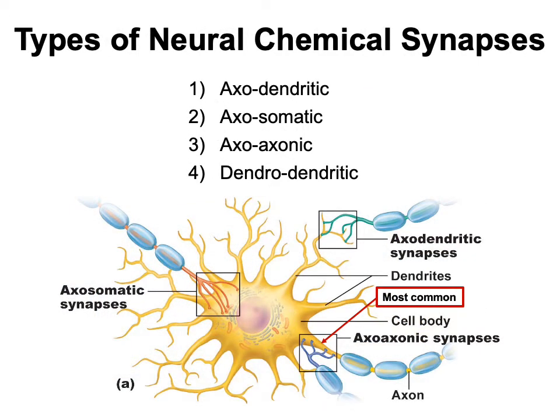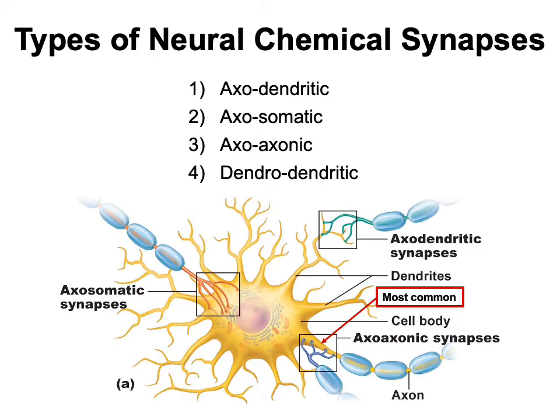There are different types of neurochemical synapses in the nervous system. You have axodendritic, which is the axon of the sending neuron and the dendrite of the receiving one. You have axosomatic, which is the axon of the sending neuron and the cell body of the receiving neuron.